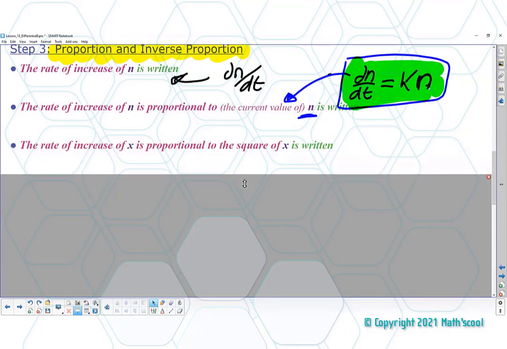Next one. The rate of increase of x is proportional to the square of x. Lovely.